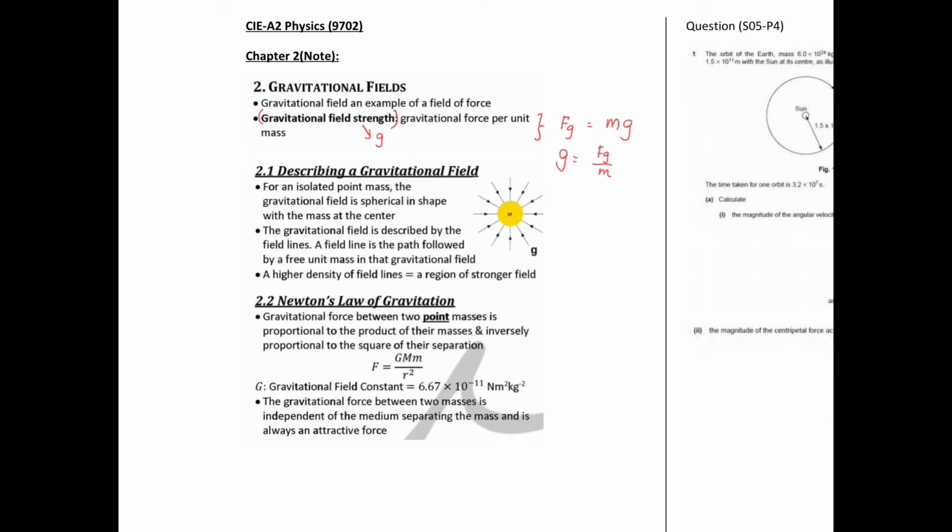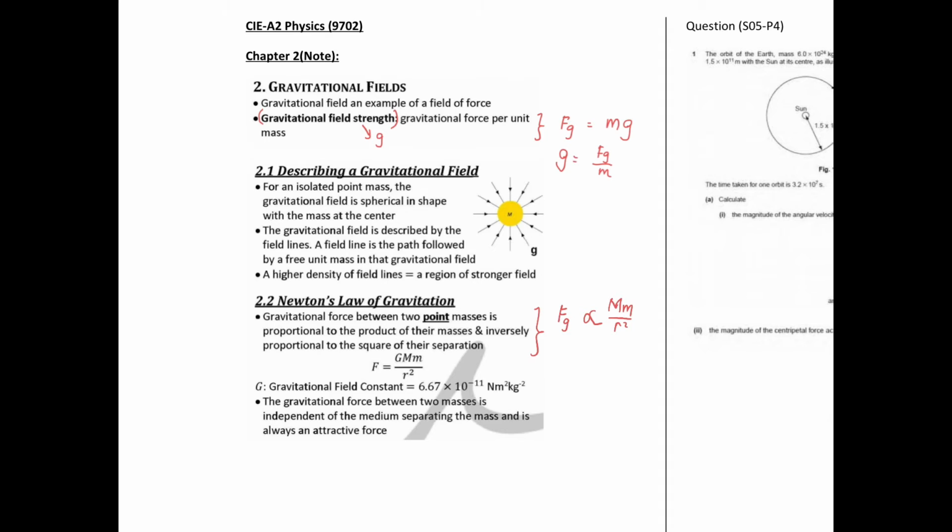So what they are trying to say here is that gravitational force is proportional to the product of the masses, divided by the square of the distance of separation, r squared. So that is Newton's law of gravitation.